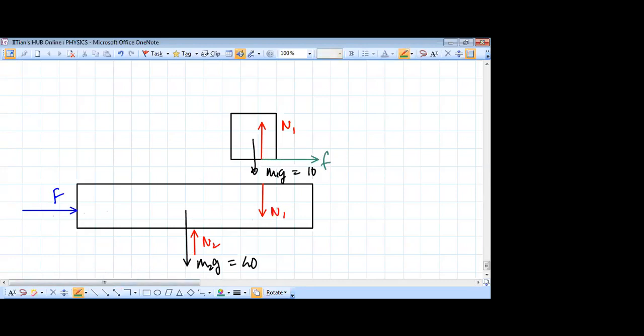And this will apply an equal and opposite friction on this one, which will be towards the left. So this friction and this friction are an action reaction. These two frictions are an action reaction.